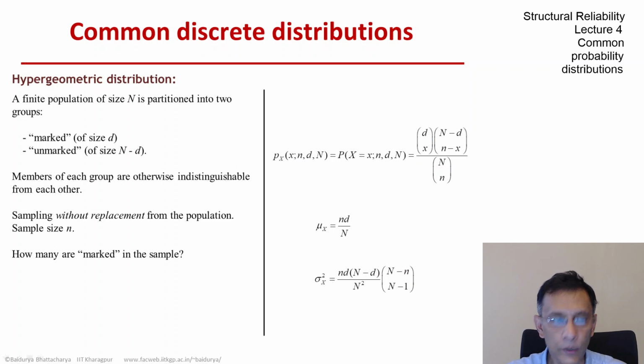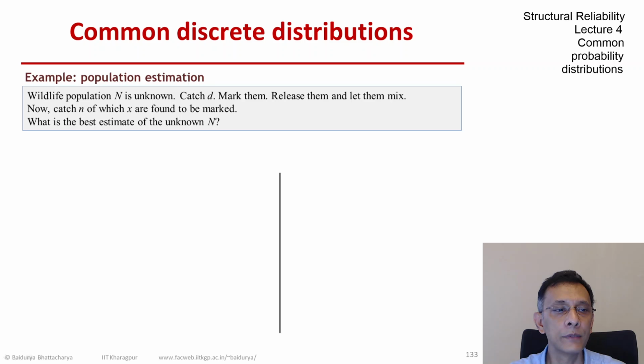Now, there's one classical problem of population estimation that can be solved using the hypergeometric distribution, and we will go through it now. So suppose there is an unknown wildlife population of size capital N. We want to estimate it, and this is the process that is followed.